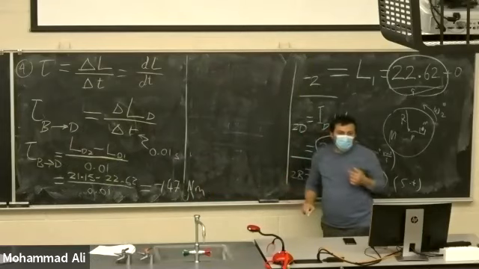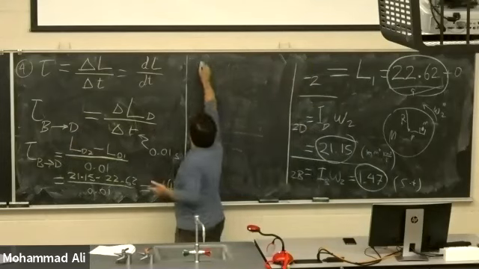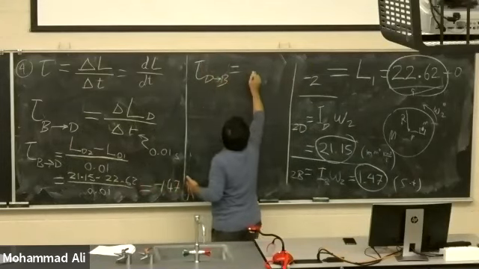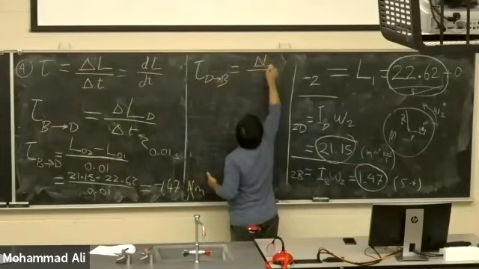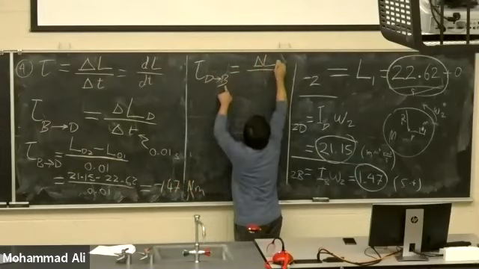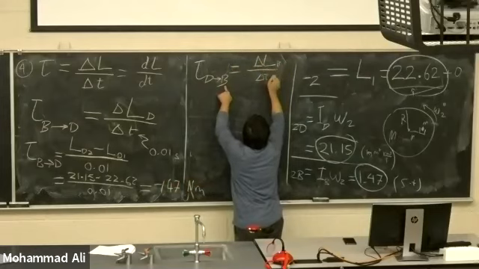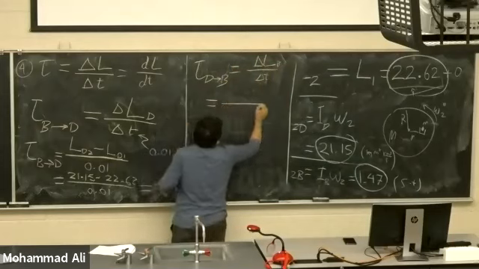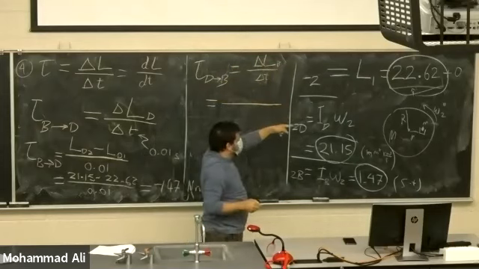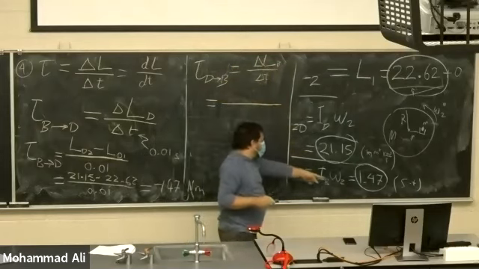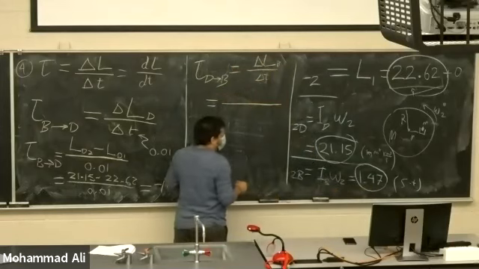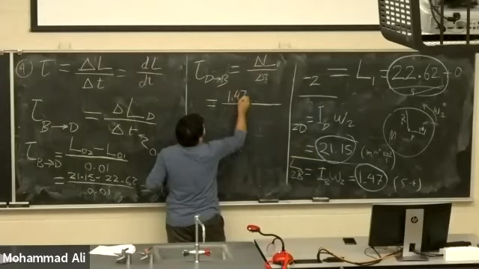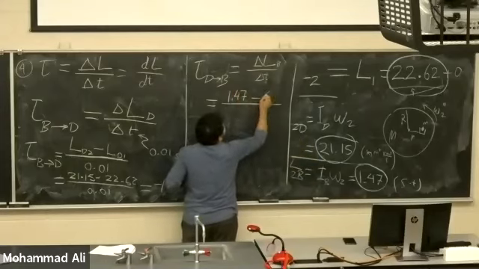Any questions so far? Now, what is the opposite? The torque from the disc on the ball. It is equal to the change in momentum for the ball over delta T. It is the same time. Which is equal to the momentum later, which is this one, 147 minus 0.